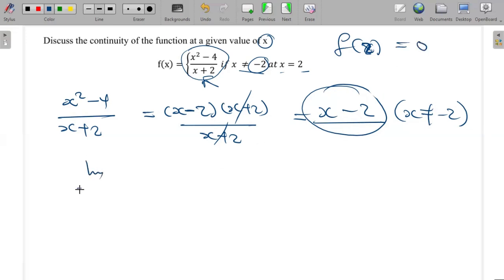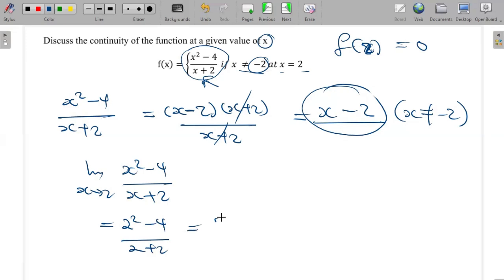Then the limit as x approaches 2 of the function that is x squared minus 4 over x plus 2. So here we do the direct substitution. We have 2 squared minus 4 over 2 plus 2. That is 4 minus 4 over 4, which is 0 over 4, which just gives us 0. So the limit as x approaches 2 of f of x is equal to 0.